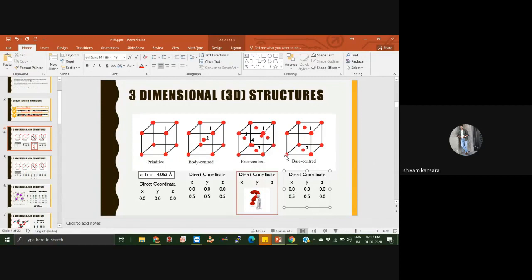So the second atom we keep at 0.5 0.5 0. This is only for one direction. We have not taken the center of the cubic, so here we have put 0. So this is only in the x dimension and the y dimension. So let's practice.